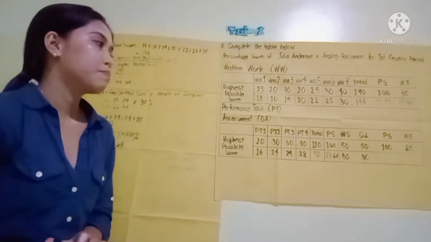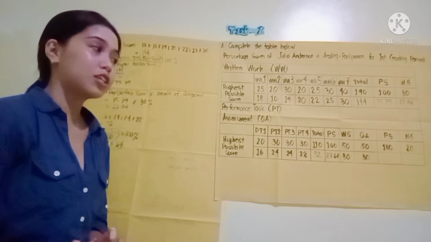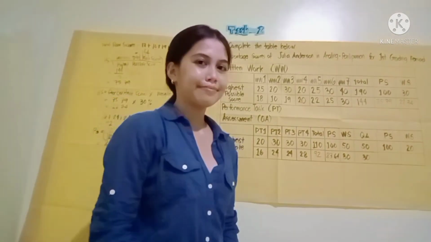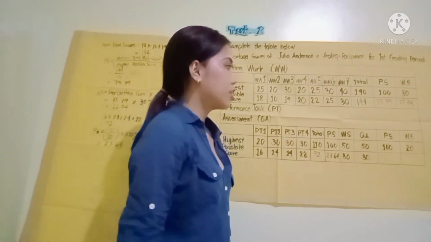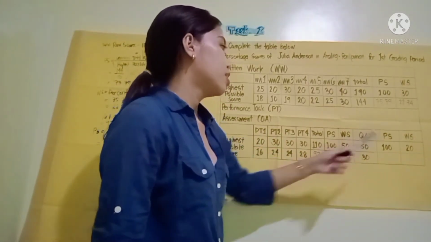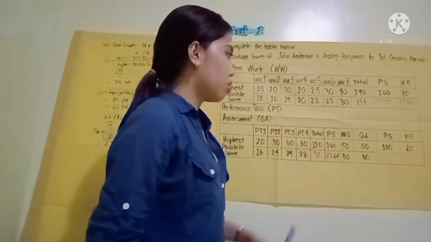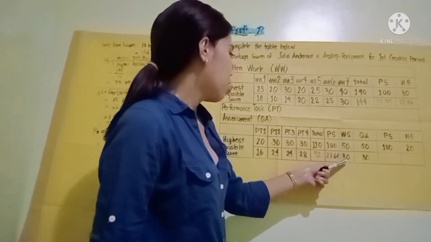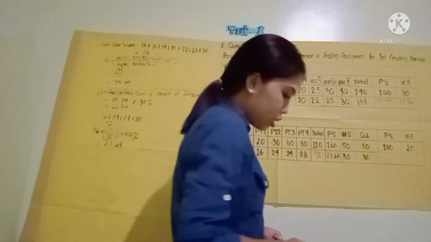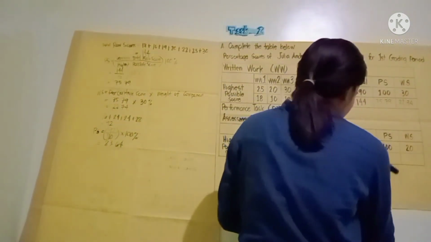So next is getting the percentage score of the quarterly assessment. So before we proceed in getting the percentage score of the quarterly assessment, there is some concern because the weighted score for the performance task should be 41.82.